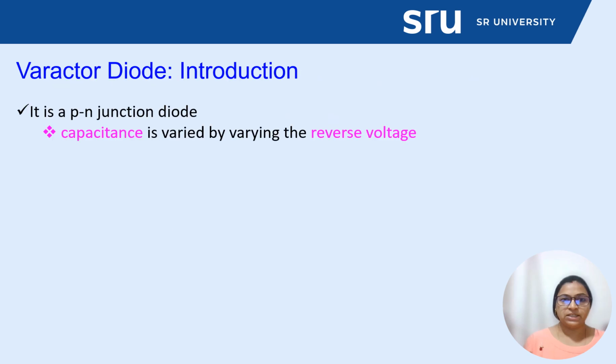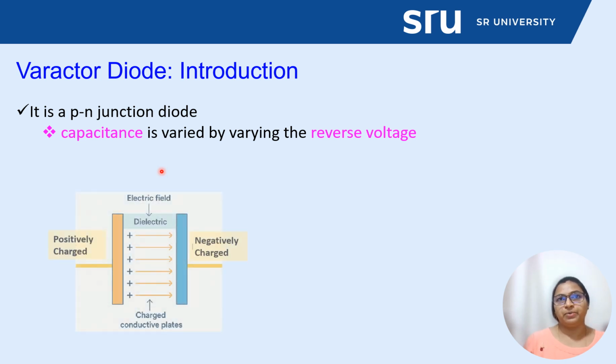So let's explore it. A Varactor diode is a PN junction diode whose capacitance is varied by varying the reverse voltage. Before going to the Varactor diode, let us look at what a capacitor is. A capacitor is an electronic component that stores electrical energy or electric charge in the form of an electric field.